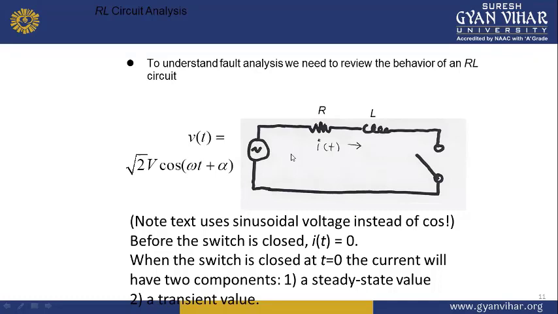It is known from circuit theory that the current after the short circuit is composed of two parts, the transient and the steady state. That means the current will have two components, the steady state value and the transient value.